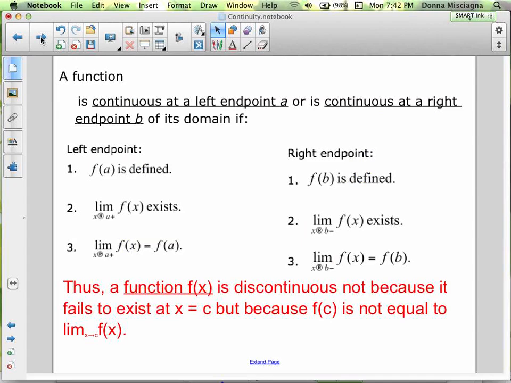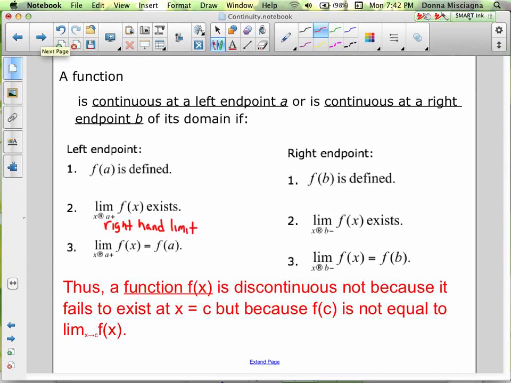A function is continuous at a left endpoint or continuous at a right endpoint of its domain if, let's talk about the left endpoint. First of all, f of a is defined, right? So that left endpoint has to be defined for the function. It can't be a hole. The limit as x approaches a from the right exists. Okay? Just a little reminder here, this is our right-hand limit, because this is the left endpoint.